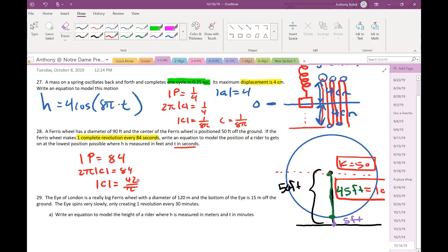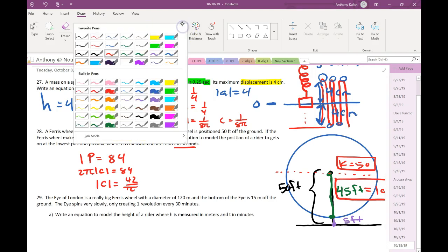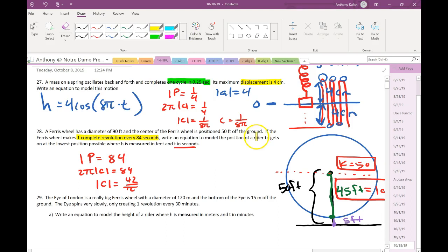And the last thing I know is that to figure out h, I'm going to use that the rider gets on at the lowest position possible. What is that telling me? Yeah. It's starting at a minimum. So that tells me the a value should be negative.